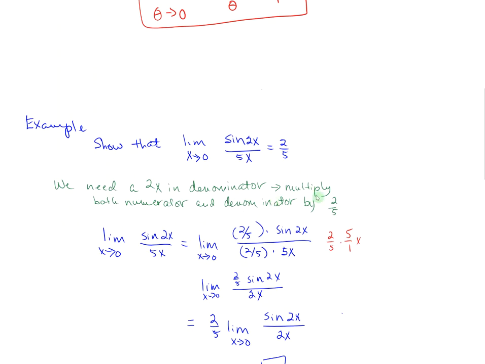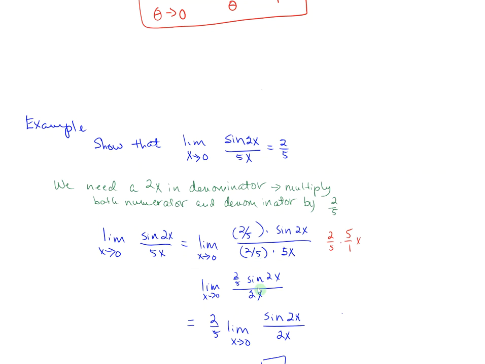So if we multiply both the numerator and the denominator by 2/5, let's see what that looks like. So we have the sine, the limit, and then we have it over here. It's the same thing as if we multiplied 2/5 times that one, 2/5 times the bottom. We can do that because that's equal to 1. All right?